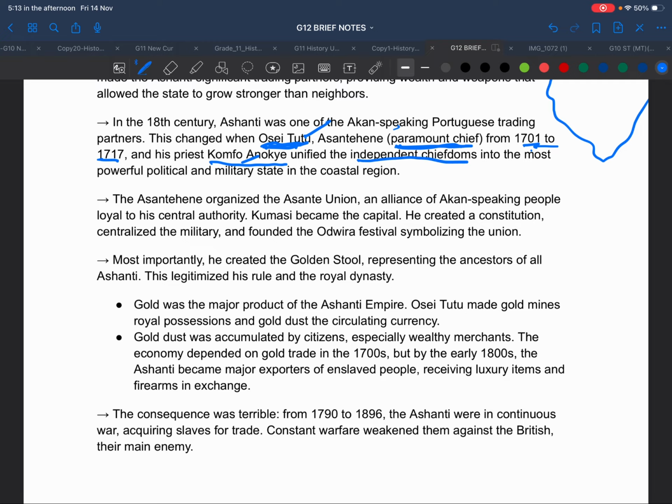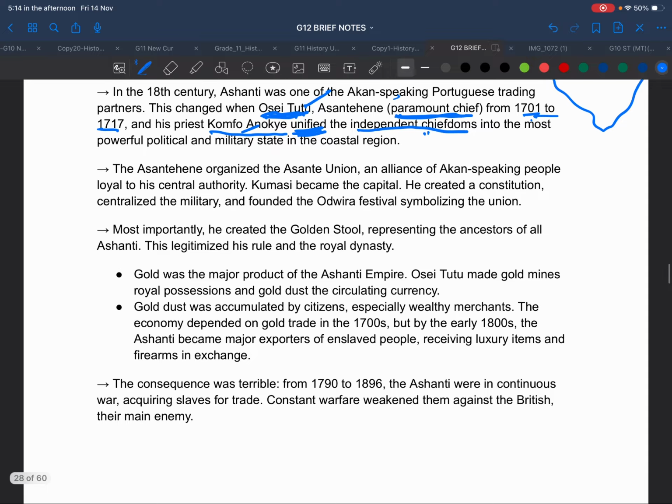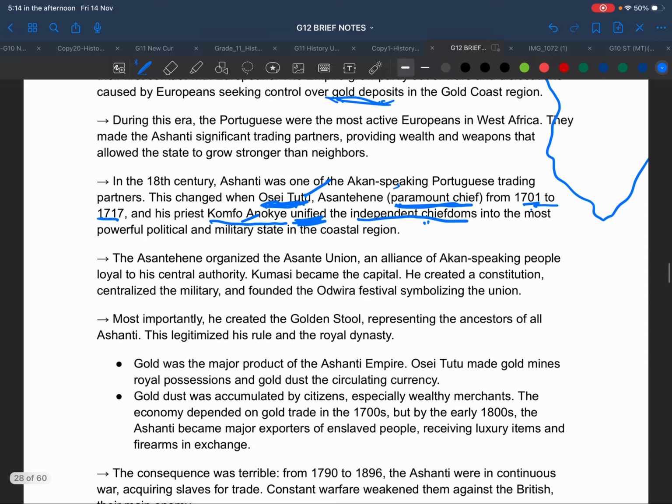Osei Tutu had his own independent chiefdom, and Komfo, the priest, had his own. These two independent chiefdoms came into one, unified. They became the most powerful political and military state in the coastal region around here.